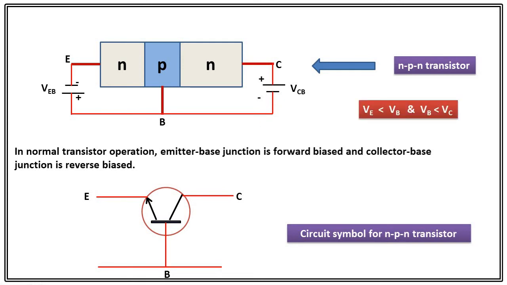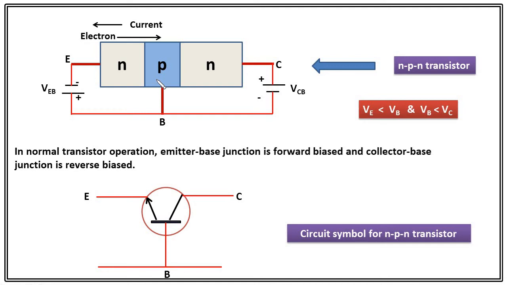Due to this forward bias, electrons from the N side, that is, electrons from the emitter side, will penetrate into the base, that is, towards the P side. Therefore the direction of electron movement will be from emitter to base. As a result, the direction of current will be opposite to the electrons.